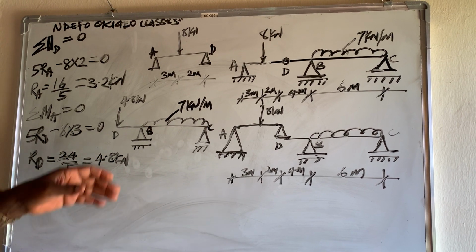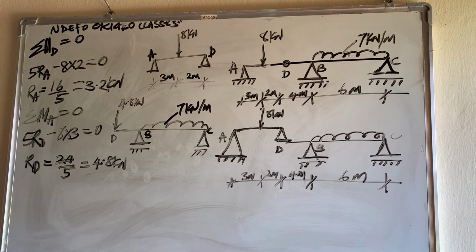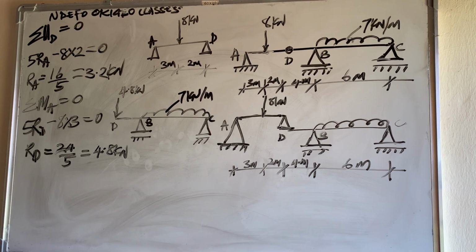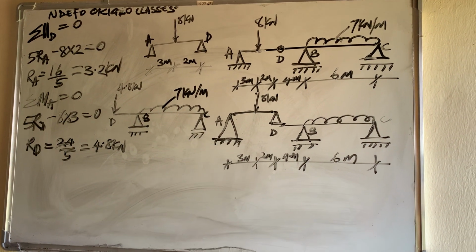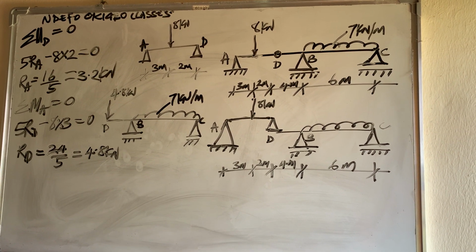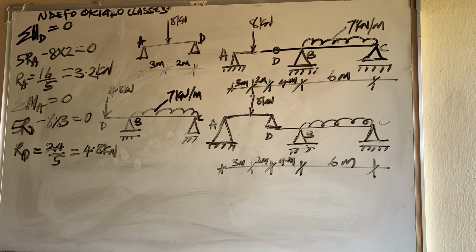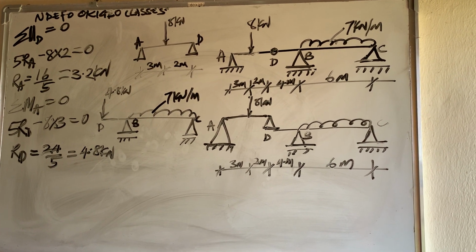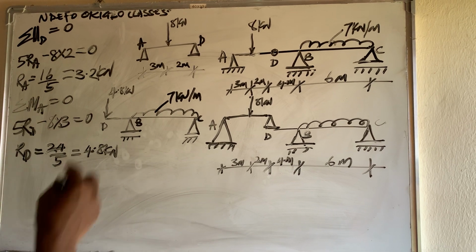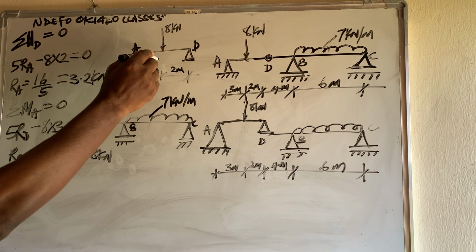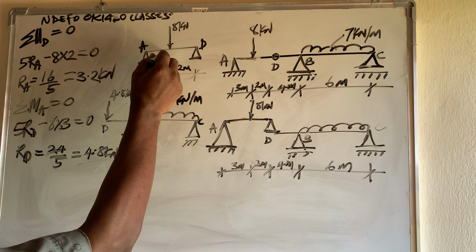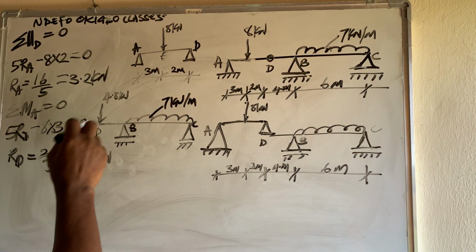As I've gotten the two reactions, I can now get bending moment on that small beam AD. If I want to get bending moment at the point of the load, let me call it point E. So simple.